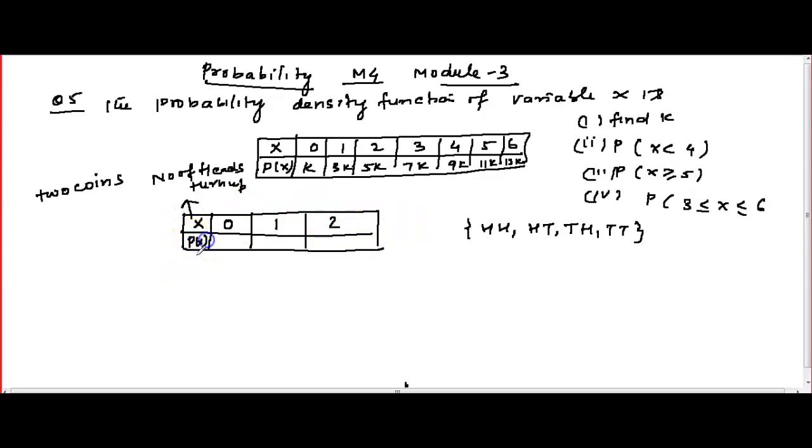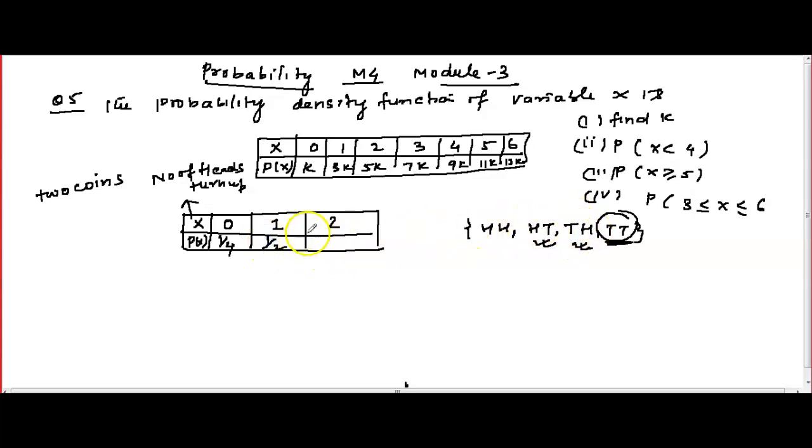Now write the probability, p of x. 0 heads means both are tails, so I can write 1 by 4, because there is only one favorable case and the total number of cases is 4. For 1 head, the probability is: either you get head tail or tail head, so you get 2 by 4, which is 1 by 2.